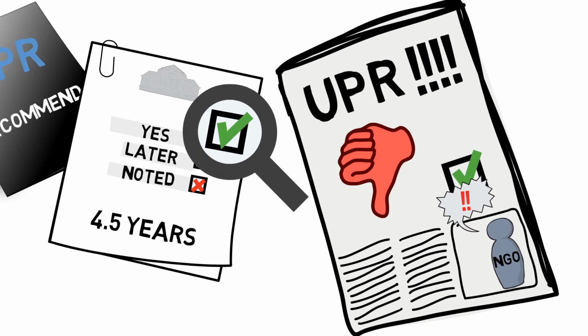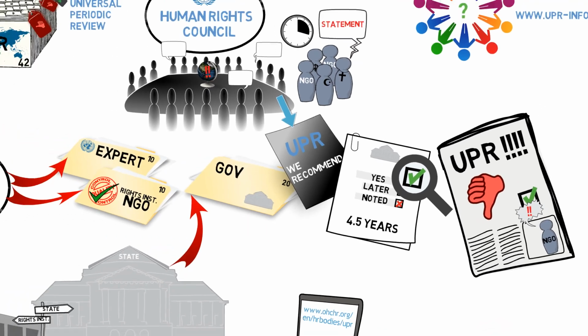During the 4.5 years that follows, the government should implement its pledges. Civil society can monitor this, and both the Council's recommendations and the government's pledges are useful in advocacy work.